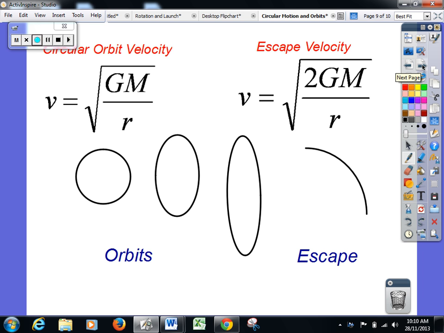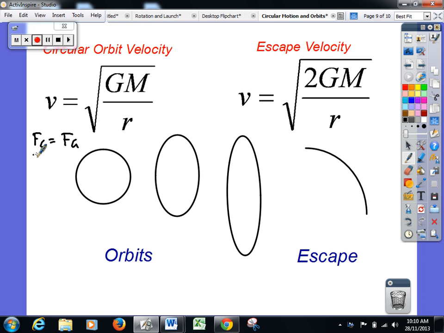And finally, let's look at the two formulas that are derived from Newton's understanding of motion. Both of these formulas came from us understanding how to use energy and how to use gravitational forces and apply that to Newton's universal law. This one here, we equated Fc equaling Fg.